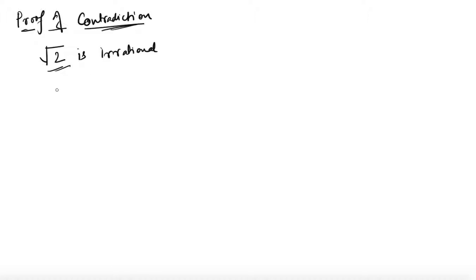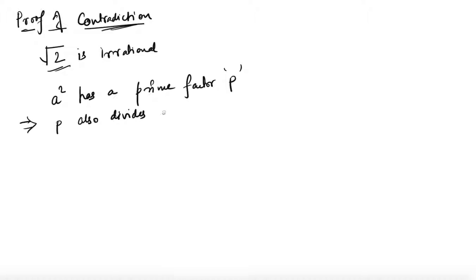So before coming to the proof, there is a small concept based on the fundamental theorem of arithmetic that you should know. The theorem says that if a square has a prime factor p, or in other words, if p is a prime number that divides a square, this implies p also divides a.